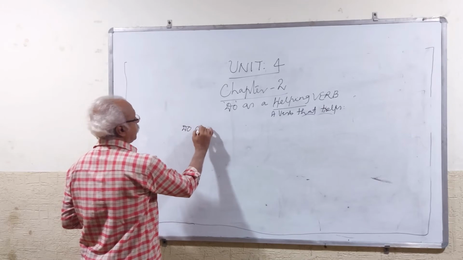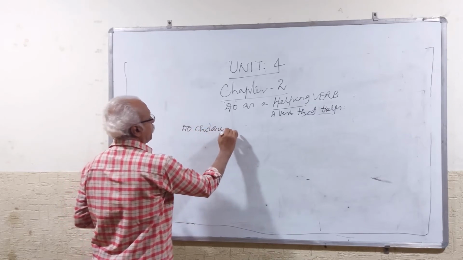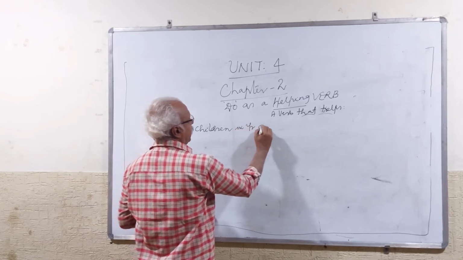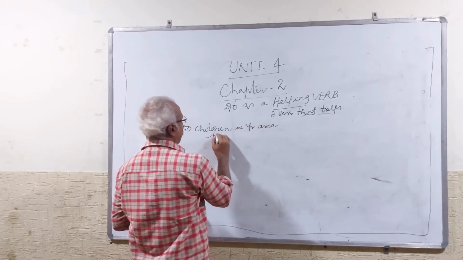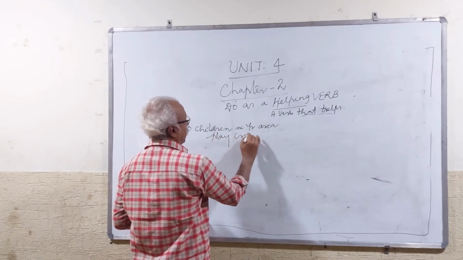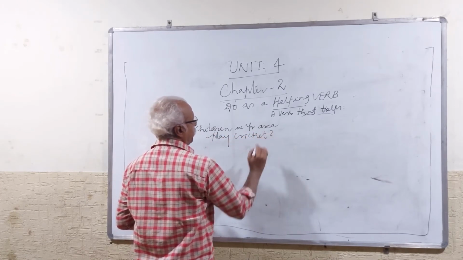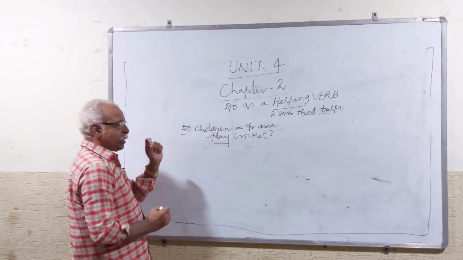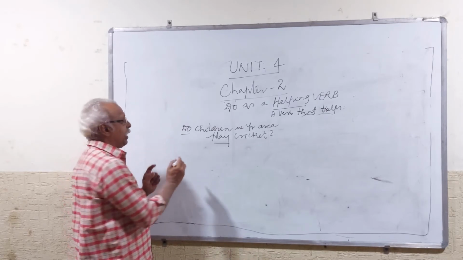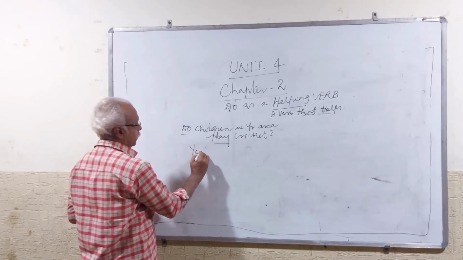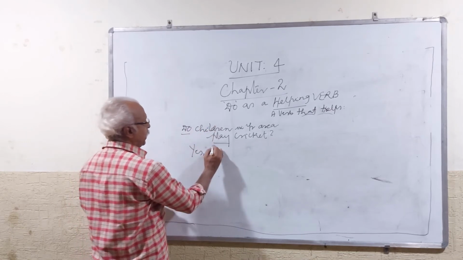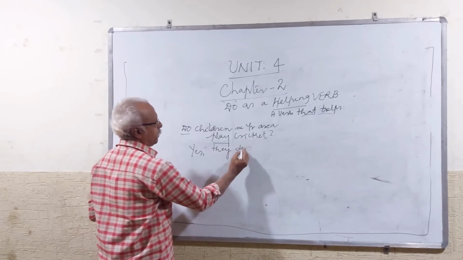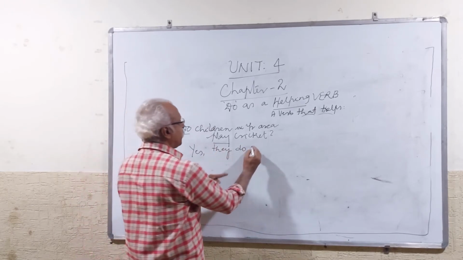Do children in your area play cricket? So do play. If this answer is positive, suppose they play, you can say yes. Instead of children, we have to use they. Yes, they do. Yes, they do means yes, they play.